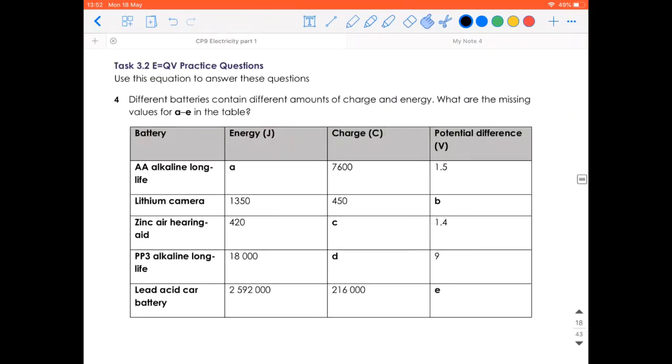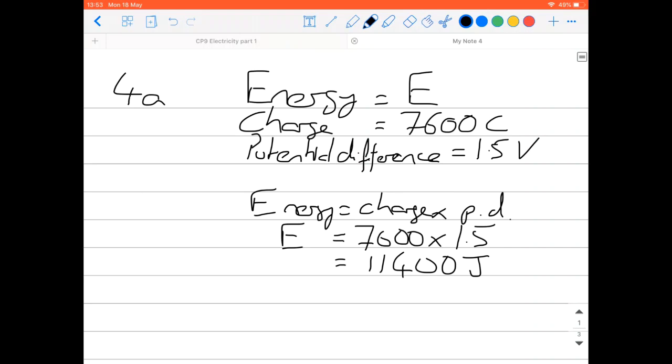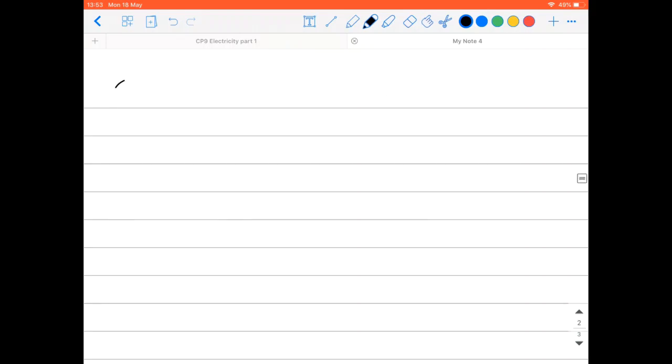Good, let's look at part B, which is a lithium camera battery. This time I'm given the energy and the charge, and I'm asked to find the potential difference. So for 4 part B, the energy is equal to 1,350 joules.